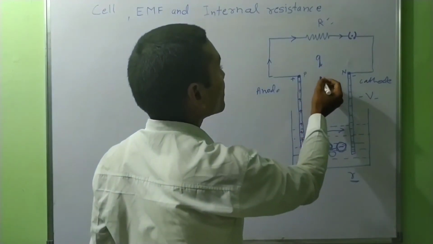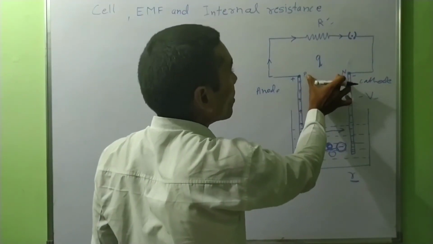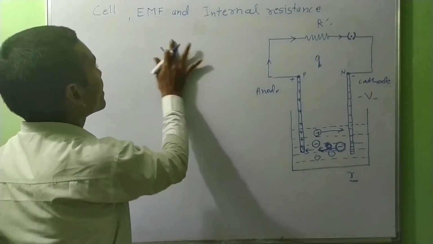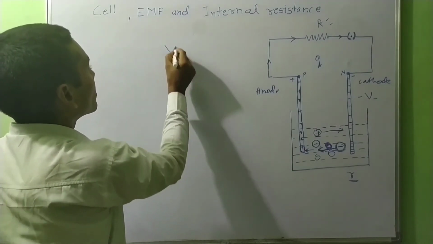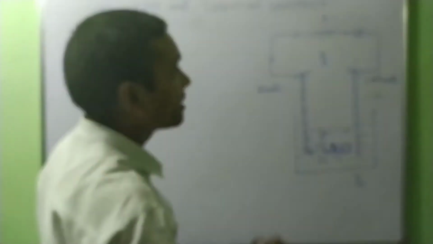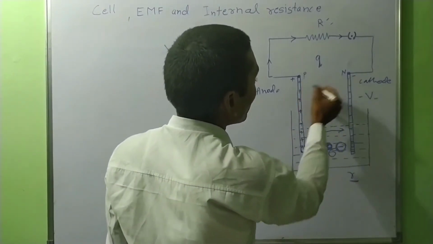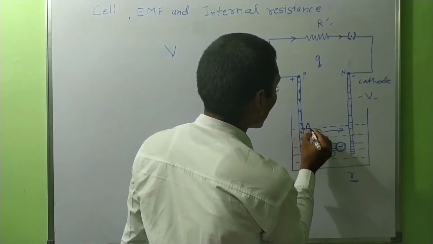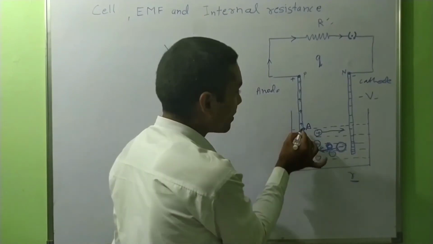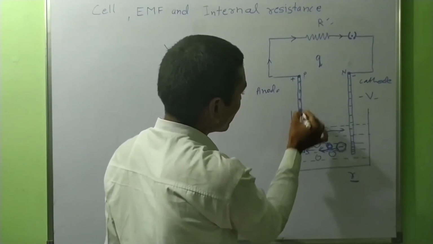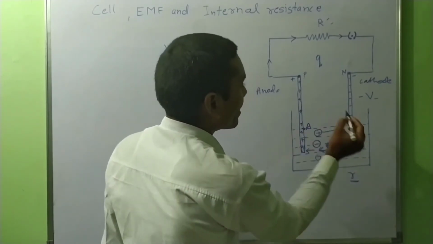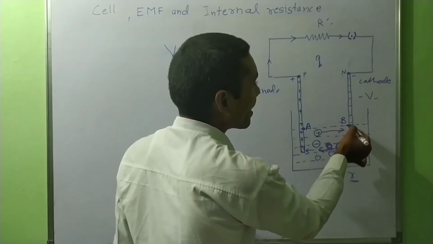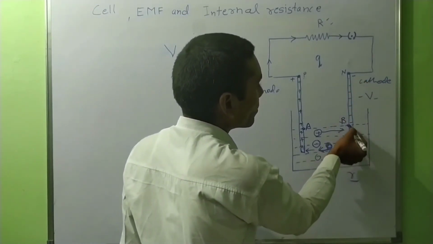So the potential difference between the two ends of the external circuit is V, and this potential difference is called the terminal potential. It will be the potential difference between P and N inside the cell. Let us take a point A on the contact of the electrode of the cell and the electrolyte, and take here point B, on the contact of this electrode and the electrolyte.